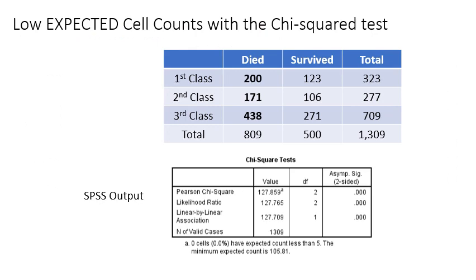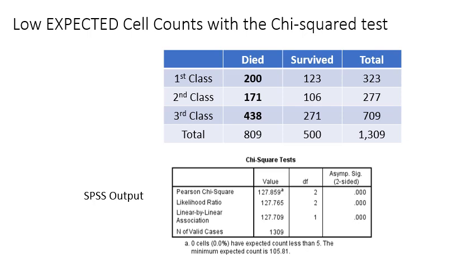What if there are low expected cell counts with the chi-squared test? Okay, so in the problem of the Titanic, there are no low expected cell counts, because if you notice, those who died, you have 200, 171, 438, and those who survived, 123, 106, 271, and you have 323 total, 277 and 709.